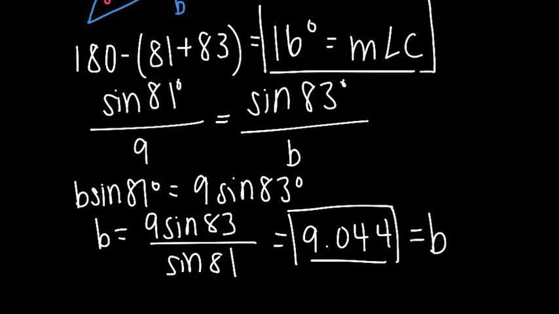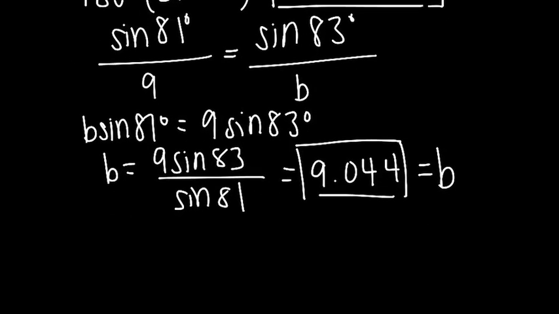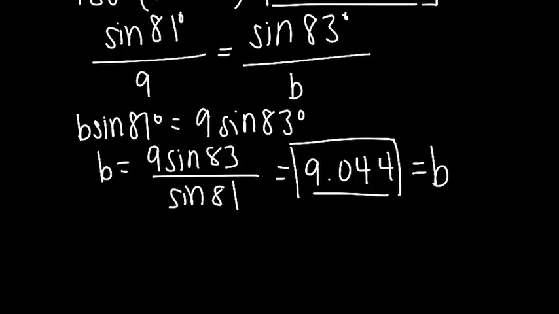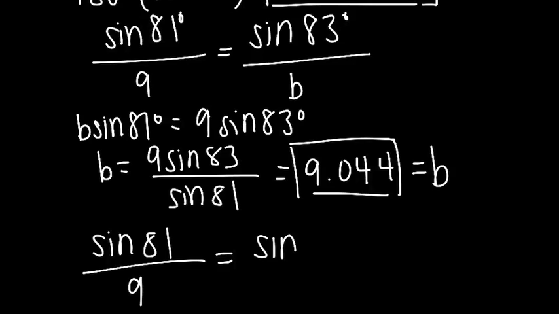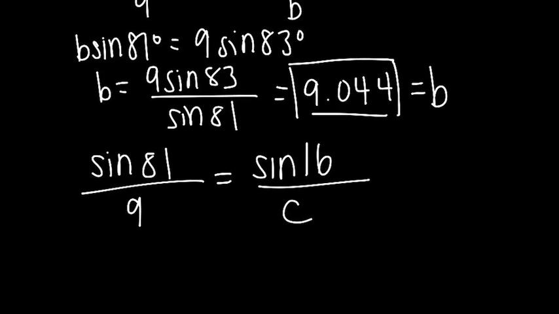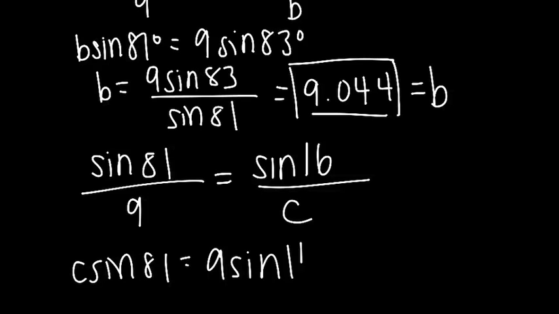Next, we could solve for side length C. So sine of 81, which is angle A, over 9, which is side A, equals sine of angle C, which is 16, over side length C. Then cross multiply. Get C sine of 81 equals 9 sine 16.